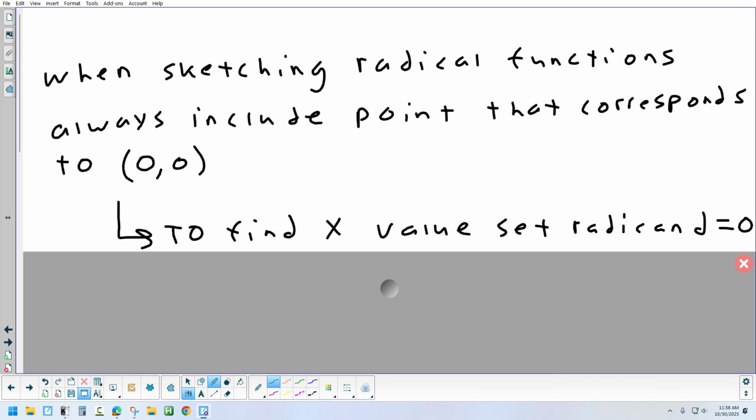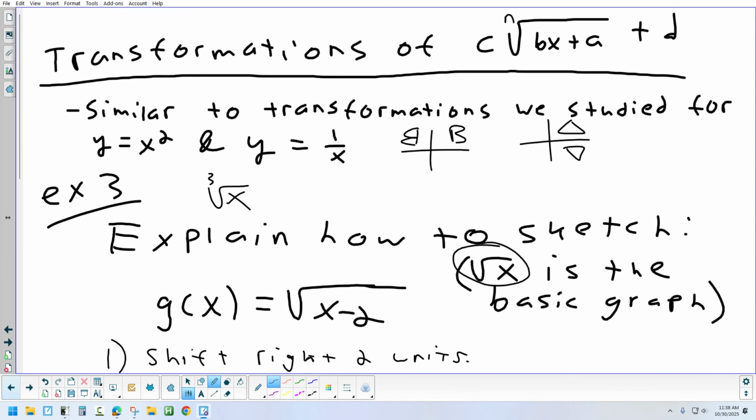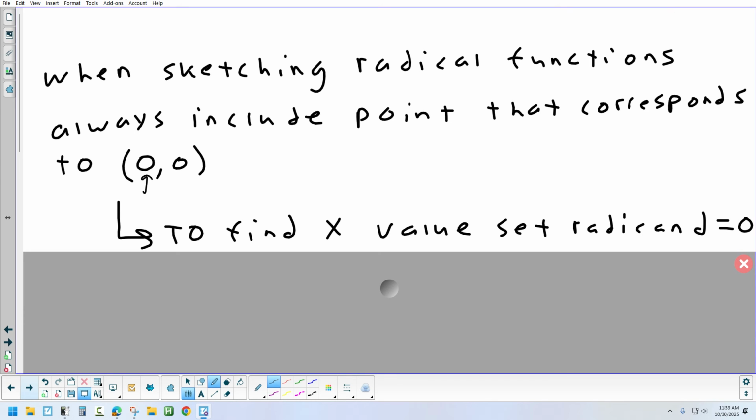So if we go back to that template, the only two values that are going to affect the left and right movement of the point that was originally at the origin are A and B. You can do whatever you want with the C and the D, and it has no effect on this. The C and the D could affect if it goes up and down, not left and right.